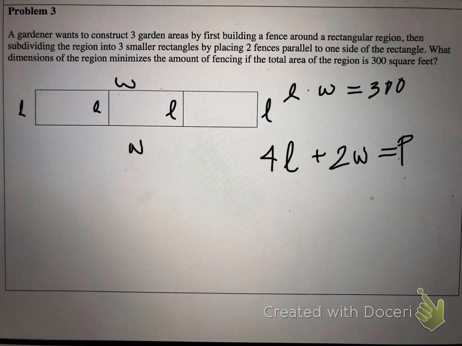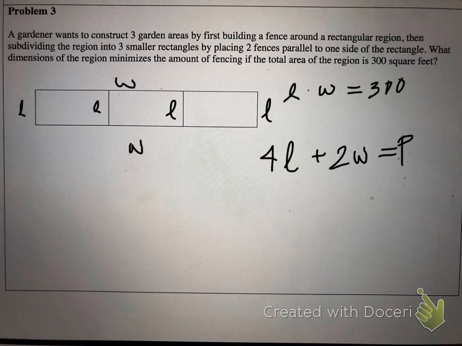Okay, so the next step is we're going to find the derivative of the perimeter, right? With respect to L or W, you get to choose.